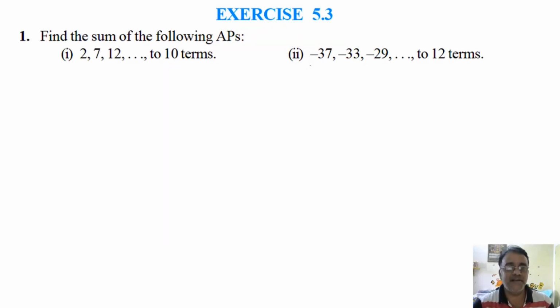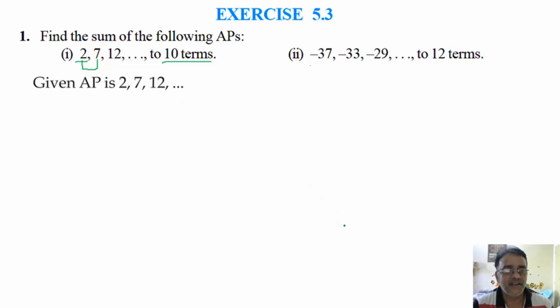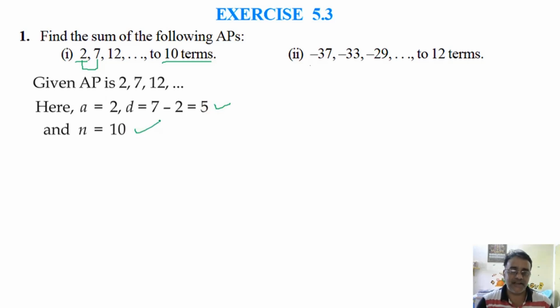The AP is given and the number of terms is given. What is A here? 2. What is D? 5. So A equals 2 and D equals second term minus first term, that is 7 minus 2, 5, and n is 10. We know the formula Sn = n/2 (2a + (n minus 1) d).